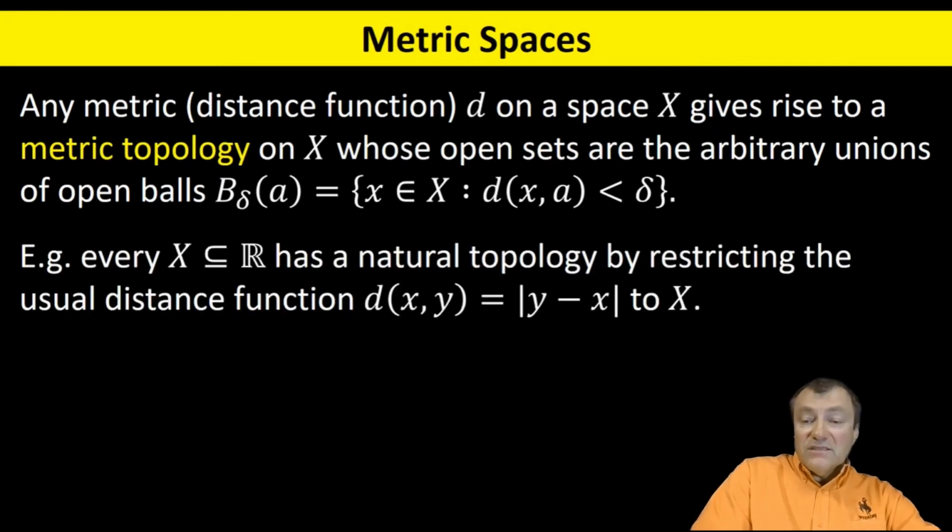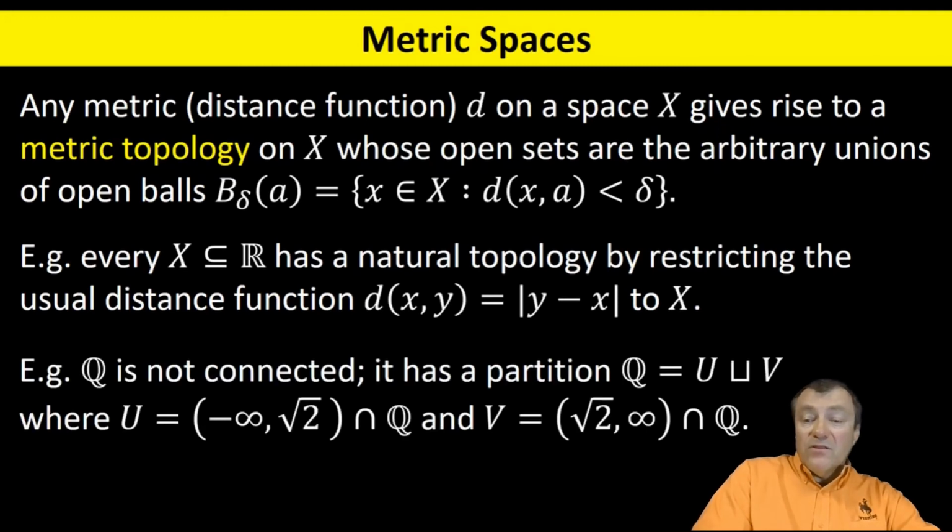If X is any subset of the reals, then the distance function on the reals restricts to a metric on X. This gives us the corresponding topology on X. With this understanding, the open sets in X would simply be the intersections of X with the open sets in the reals, as I've previously mentioned.